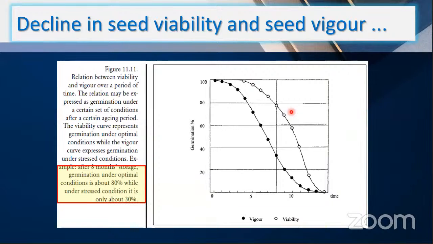What this graph implies is that the decline in seed viability comes later when compared to the vigor. This graph indicates viability, and this graph indicates seed vigor. So before the viability declines, our vigor declines.